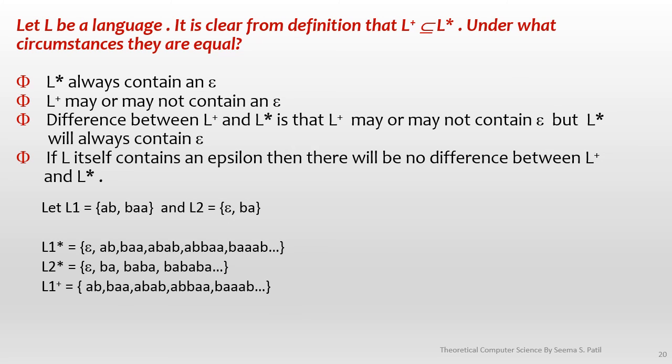Difference between L plus and L star is that L plus may or may not contain epsilon, but L star will always contain epsilon. If L itself contains an epsilon, then there will be no difference between L plus and L star. Thank you.